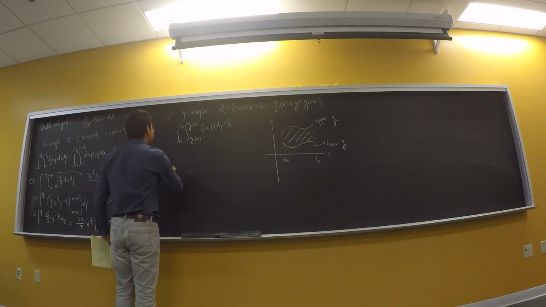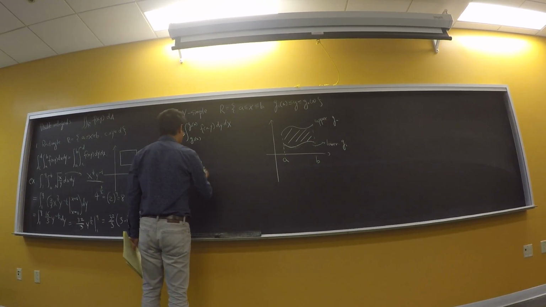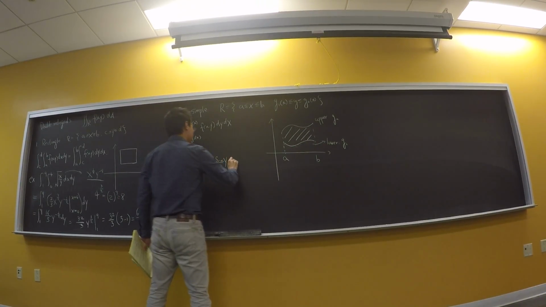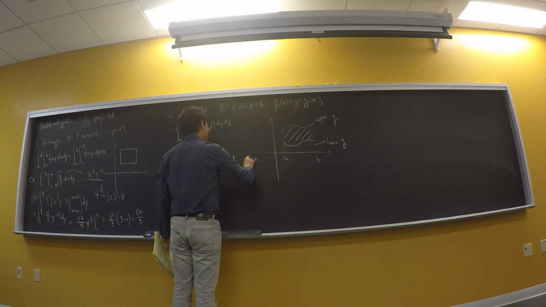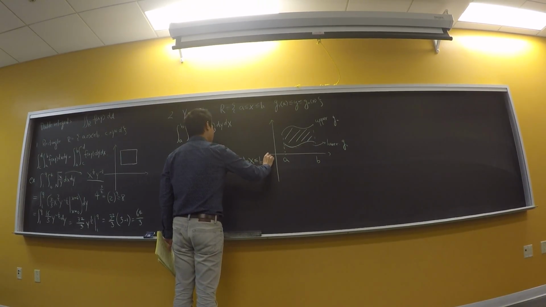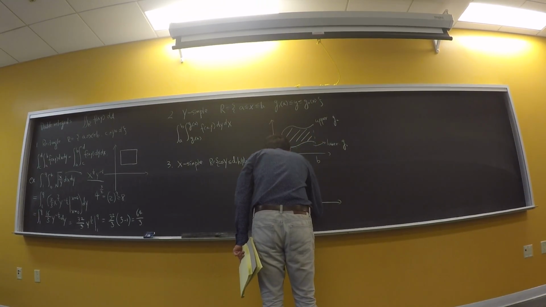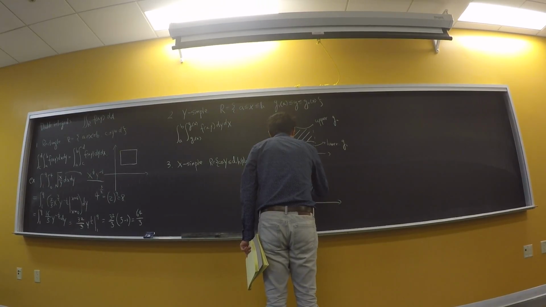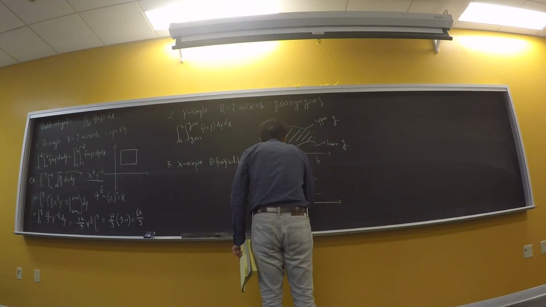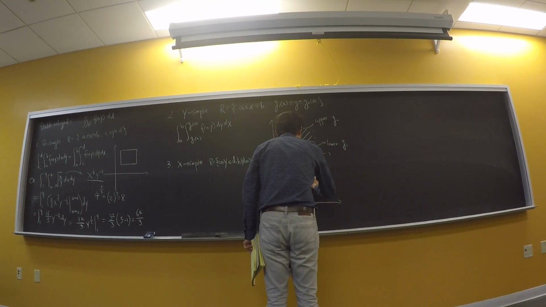And we also have this X simple region, where R is equal to Y bounded by C and D, and X bounded by two functions, H1 of Y and H2 of Y. In this case, I have two numbers for Y, so this is C and D, and a left function and a right function.